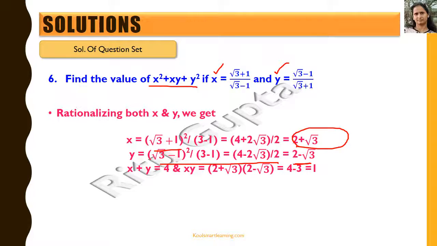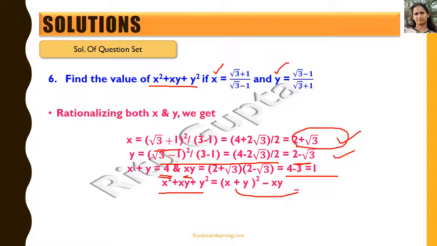Now if you find out x plus y, we just add this and this, which is 4, and the value of xy is taking the product of these two, which is 2 plus root 3 into 2 minus root 3, which is nothing but 4 minus 3 equal to 1. So finding out the value of x square plus xy plus y square is nothing but x plus y whole square minus xy, because x plus y whole square is x square plus y square plus 2xy.